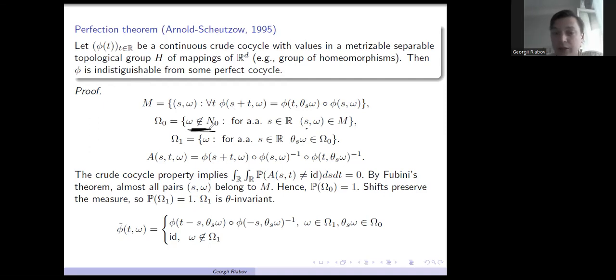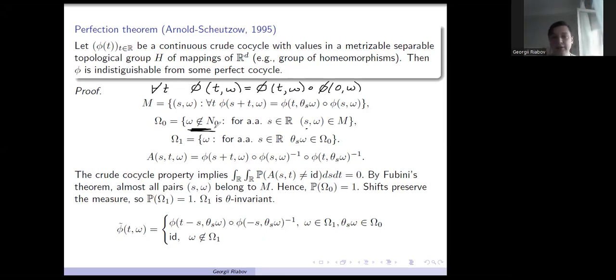In particular, ω not belonging to N0 implies that for all t, φ(t+0, ω) = φ(t, θ0 ω) composed with φ(0, ω).